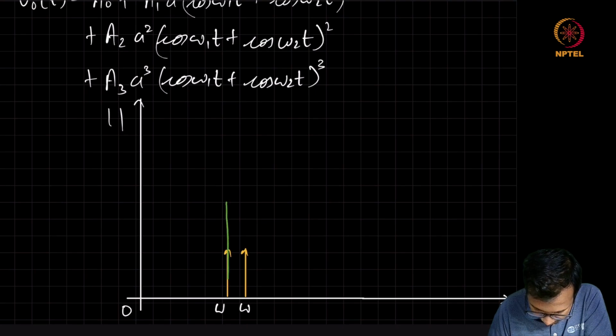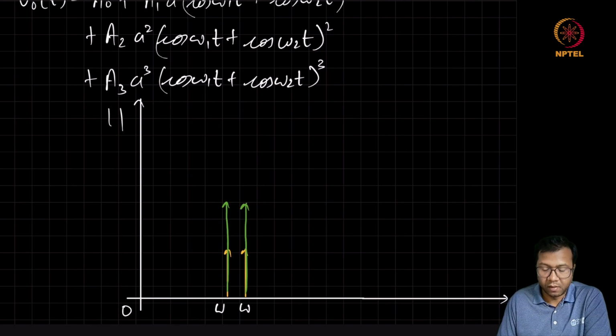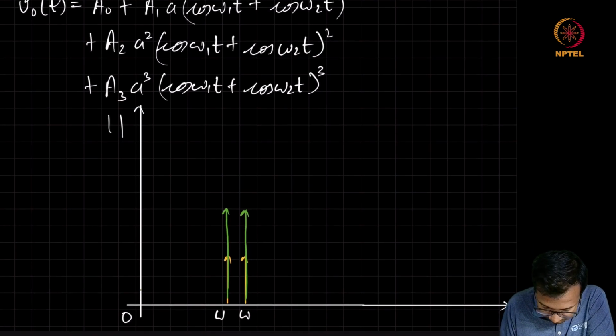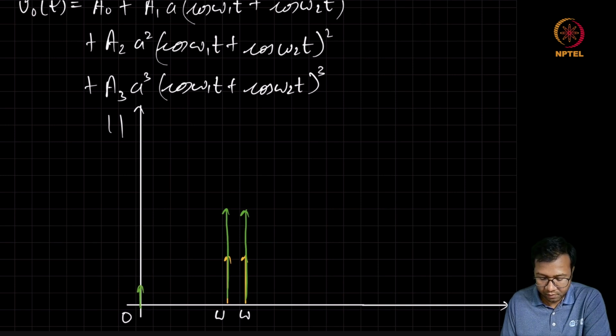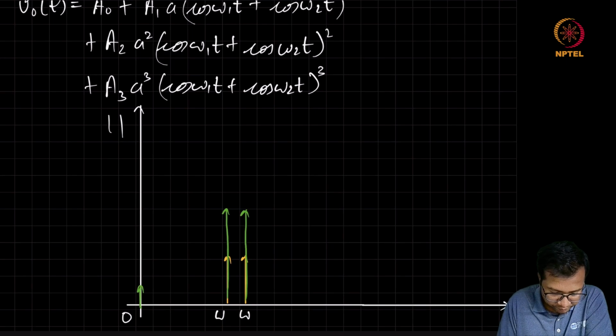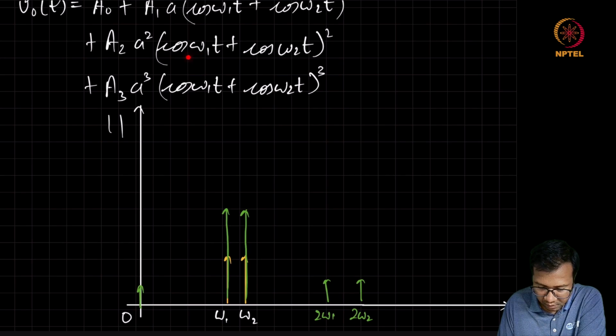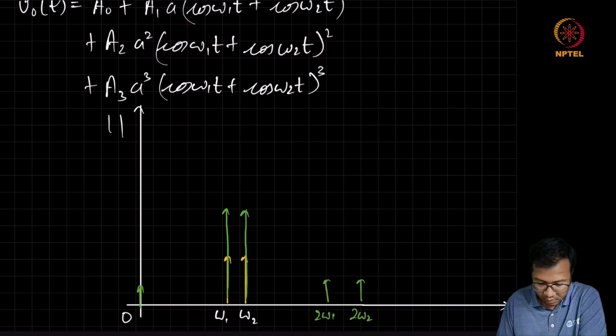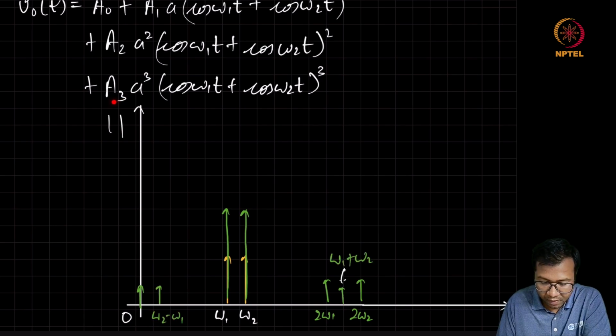We have these amplified terms at the input frequency, then some DC term also, then terms at 2 omega 1 and 2 omega 2. Then the quadratic term will also give rise to omega 1 plus minus omega 2. Now let's look at the cubic term.